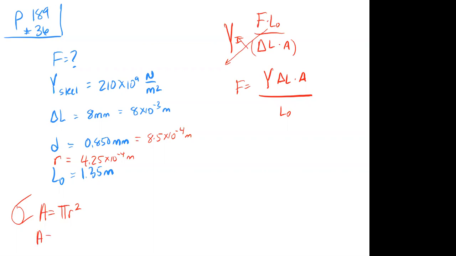So our area is pi times 4.25 times 10 to the minus fourth squared. Now you can solve for that here, or you can put that value in up top. I don't care which one you do.